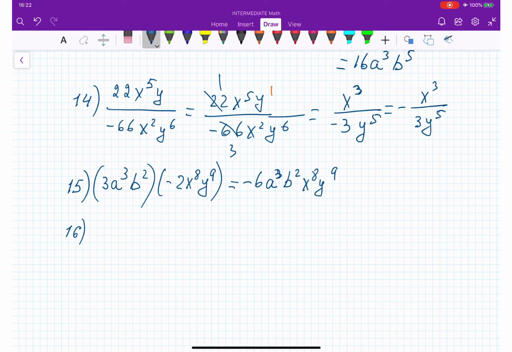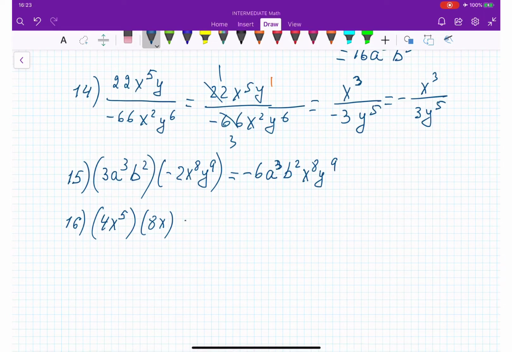Question number 16. It's going to be 4x to power 5 times 8x. Okay, so we have the same base, x and x, so we can add exponents, right? Let's first do 4 times 8, which is 32.